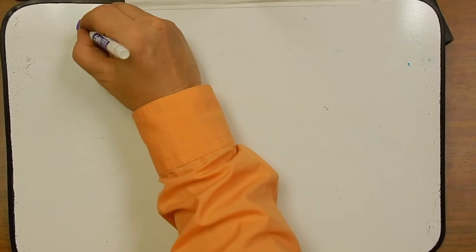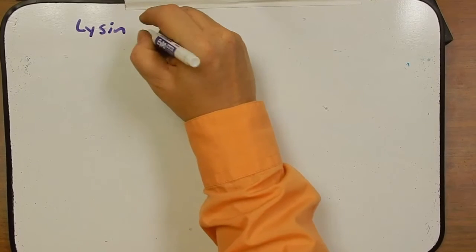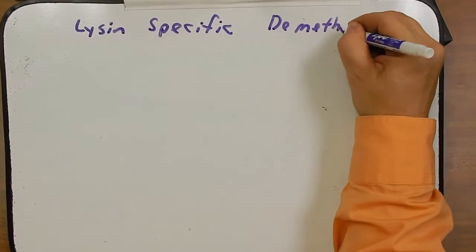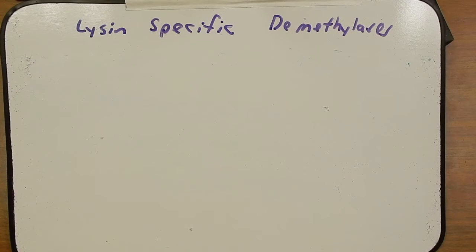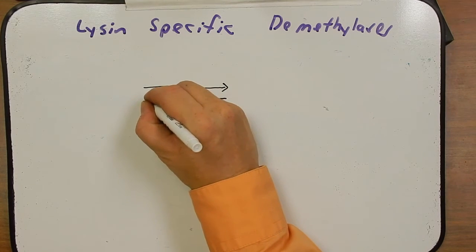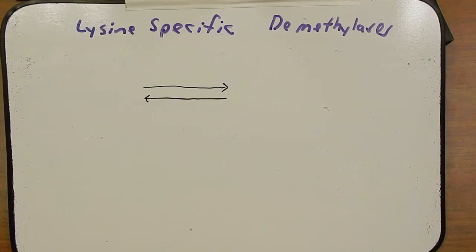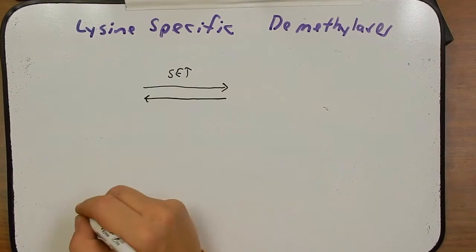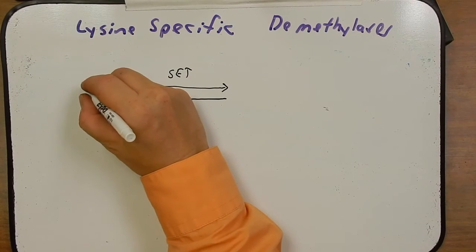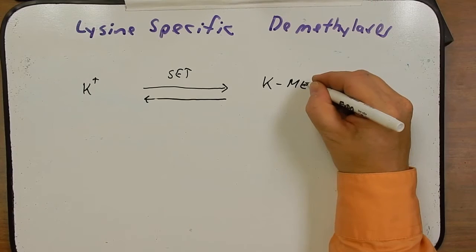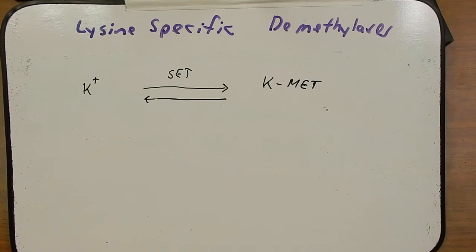Next, let's talk about lysine-specific demethylases. So let's remember that when adding a methyl group to the lysines and the arginines, but we're just talking about the lysines now, this reaction is reversible. So these SET domains are important in taking this lysine residue and adding a methyl group to it.